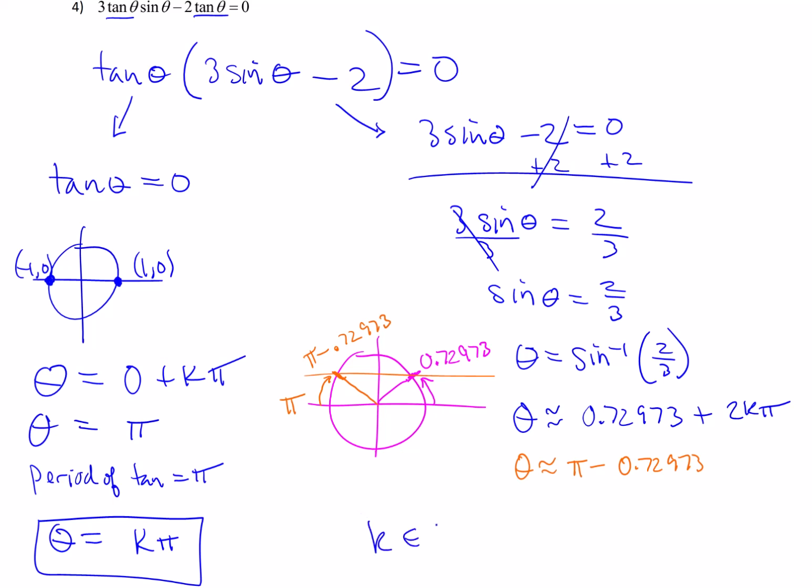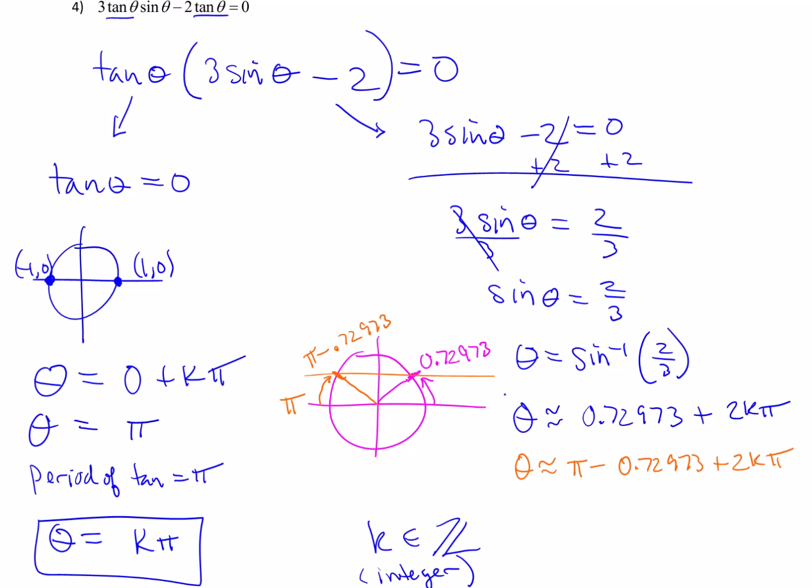K is an integer denoted with the script Z. Then if you take 0.72973 and start adding multiples of 2 pi to it, you're not going to hit the second. So these don't overlap, which means we're going to have to do the same thing for the second one to represent it, going on forever. So plus 2k pi.